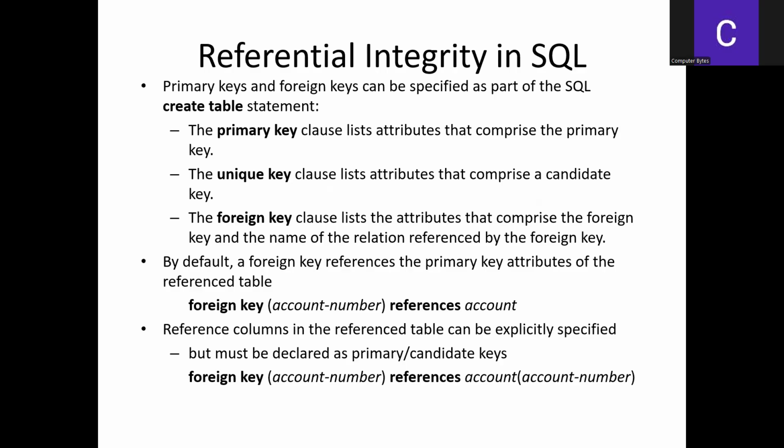Primary key uniquely identifies a particular row in a table. A foreign key is one that references another table's primary key. The foreign key references the primary key, and you give the referenced table's column name, which references the primary table.